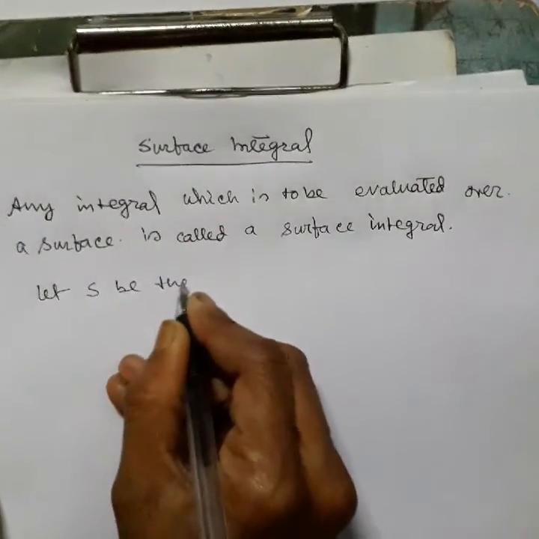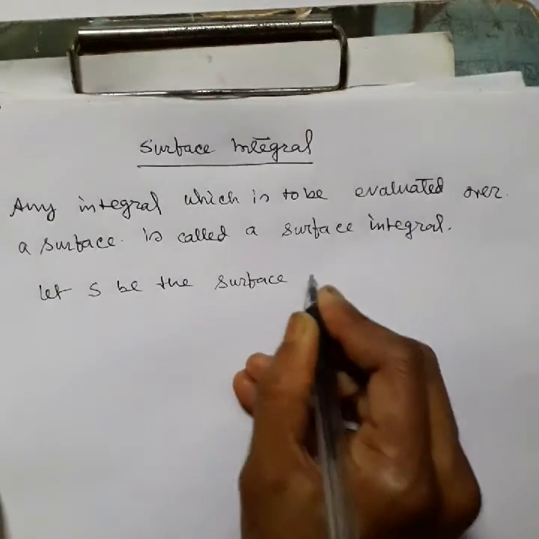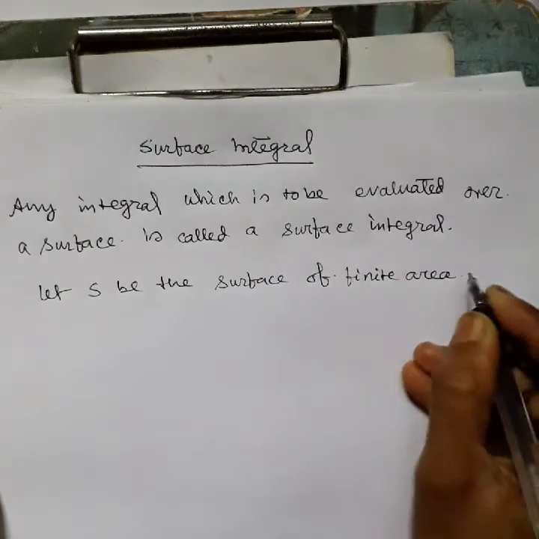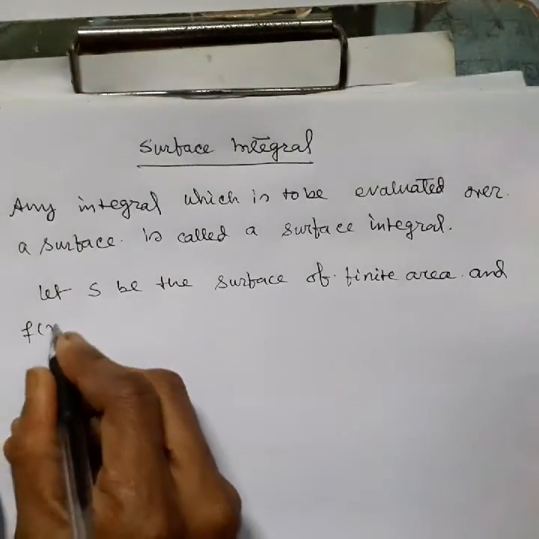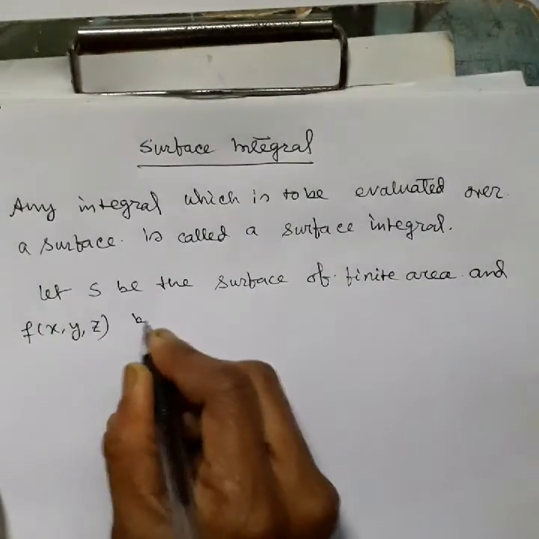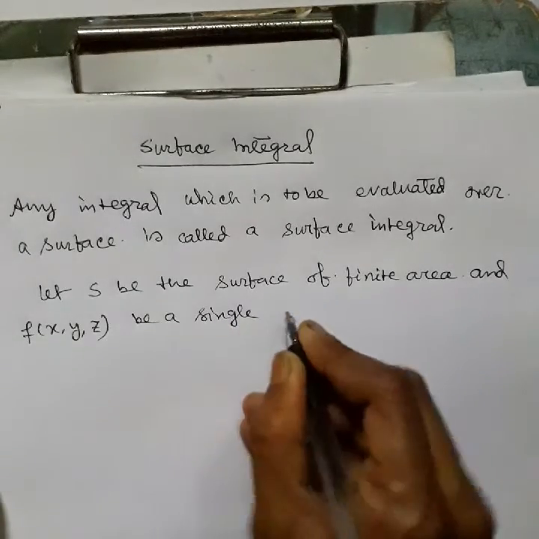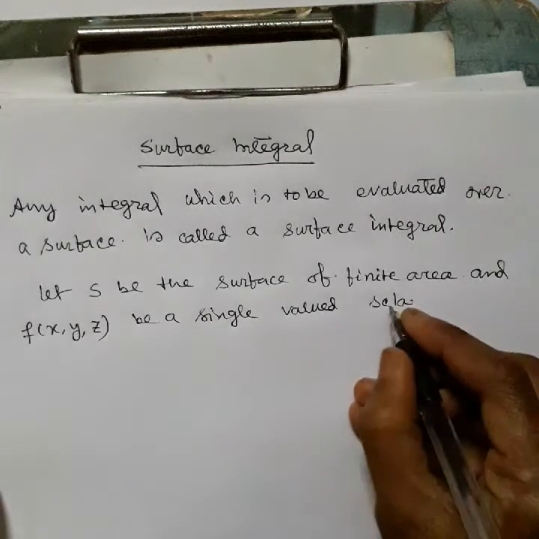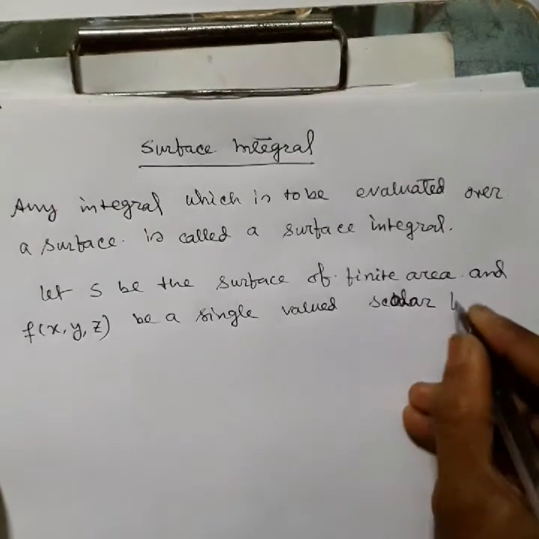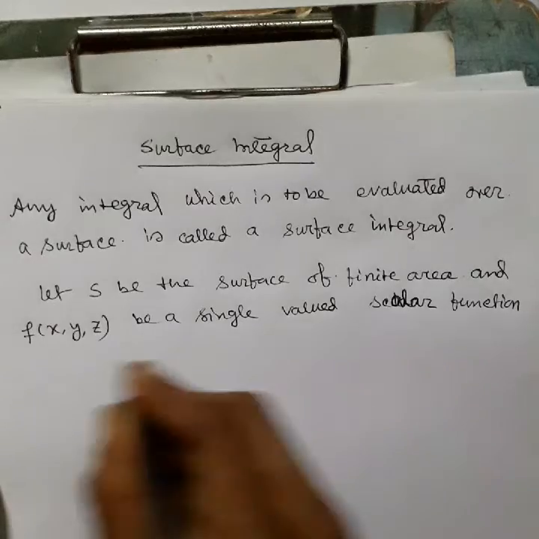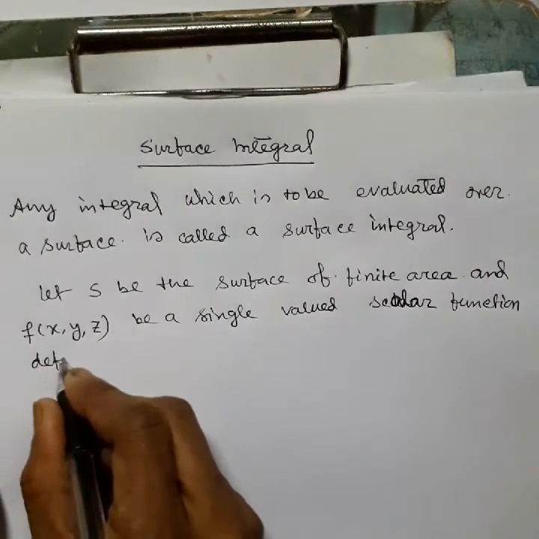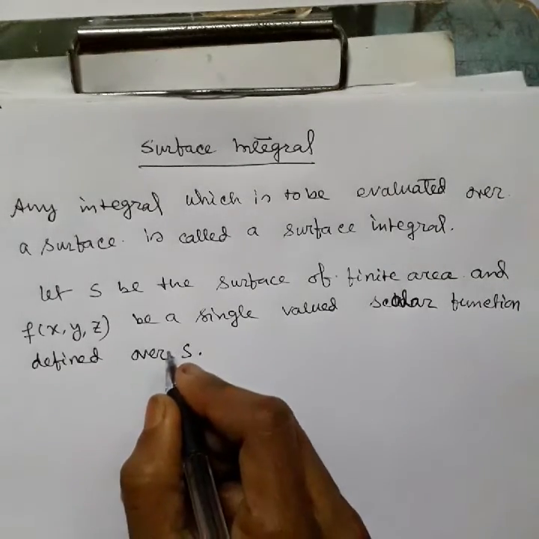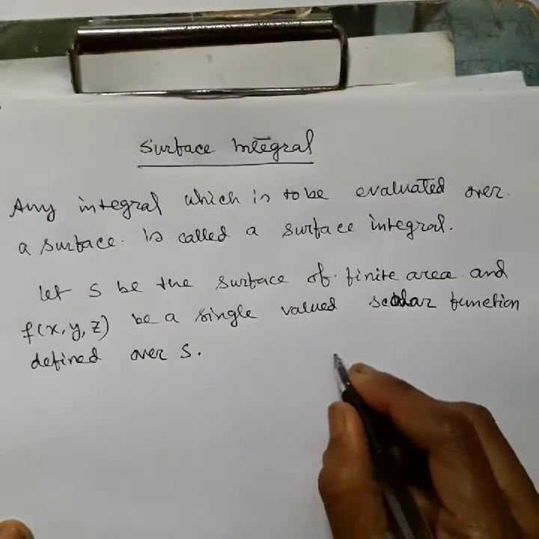Let us define: S be the surface of finite area and f of x, y, z be a single valued scalar function defined over S. Say this is our surface area.